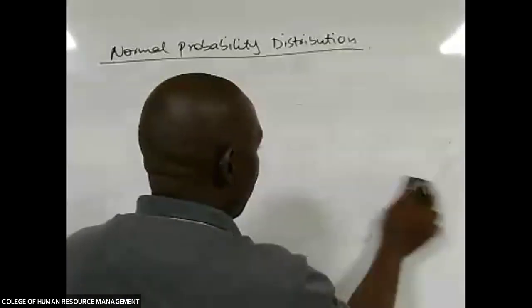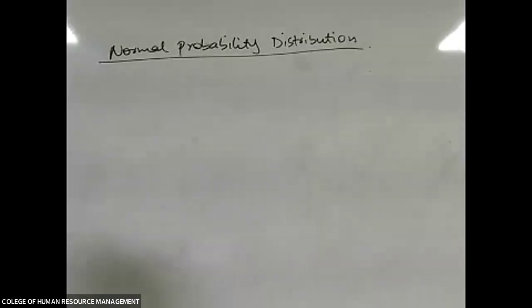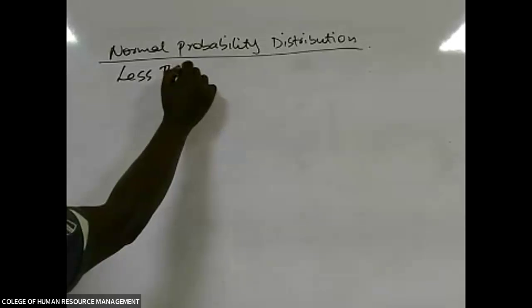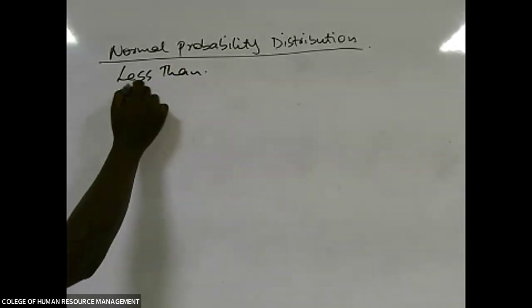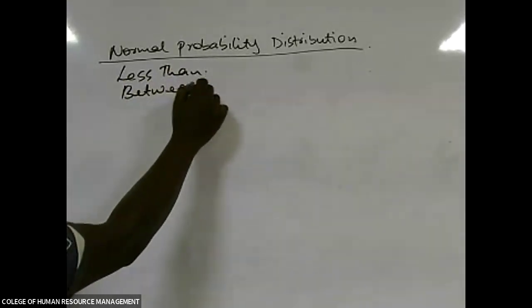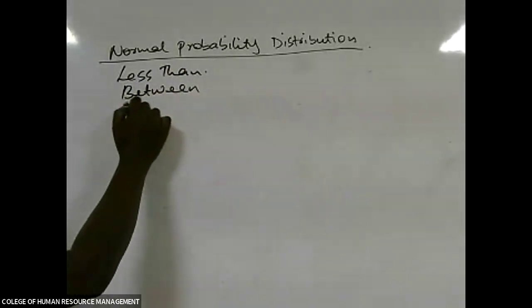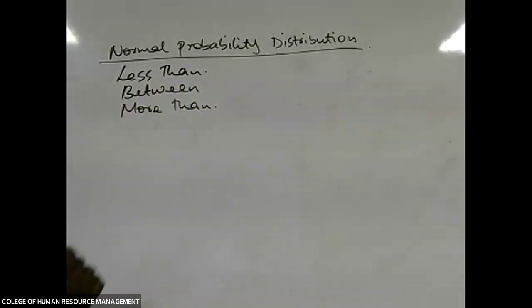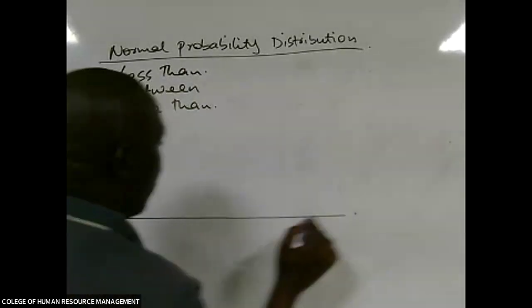Before you look at page 5, let me explain something here. When you are looking at probability, you can be told the probability of less than, or the probability of having a value between something, or more than. Let me illustrate this.